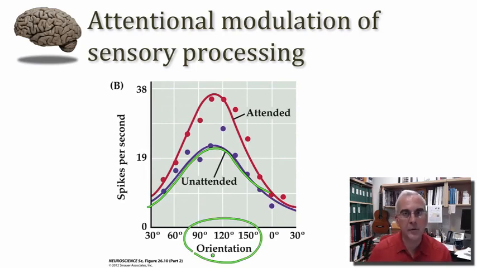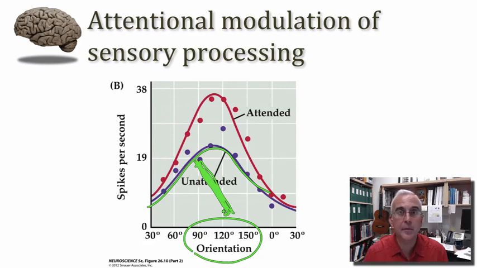As you remember, neurons are selective for particular orientations of visual stimuli and particular directions of stimulus motion. Here we're looking at the tuning for the orientation of a stimulus. And this neuron is tuned probably for a visual stimulus that is more or less vertical, but perhaps tilted in the leftward oblique direction.